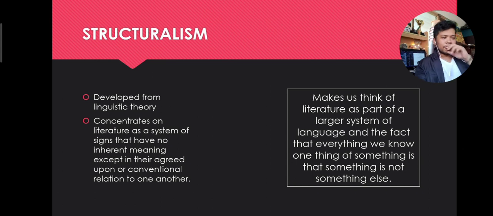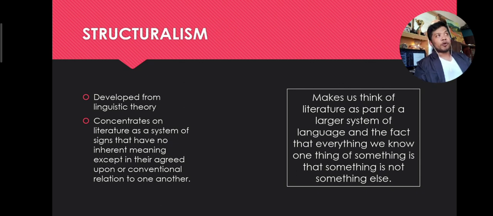I'll tell you later on. With structuralism, literature is concentrated on as a system of signs that have no inherent meaning except in their agreed upon or conventional relation to one another.